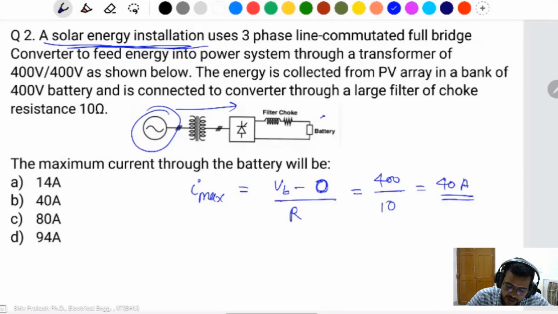Now this is feeding the power to the grid through the transformer. This is the DC current, maximum DC current. You can see also because of flowing through the battery. The 40 ampere.